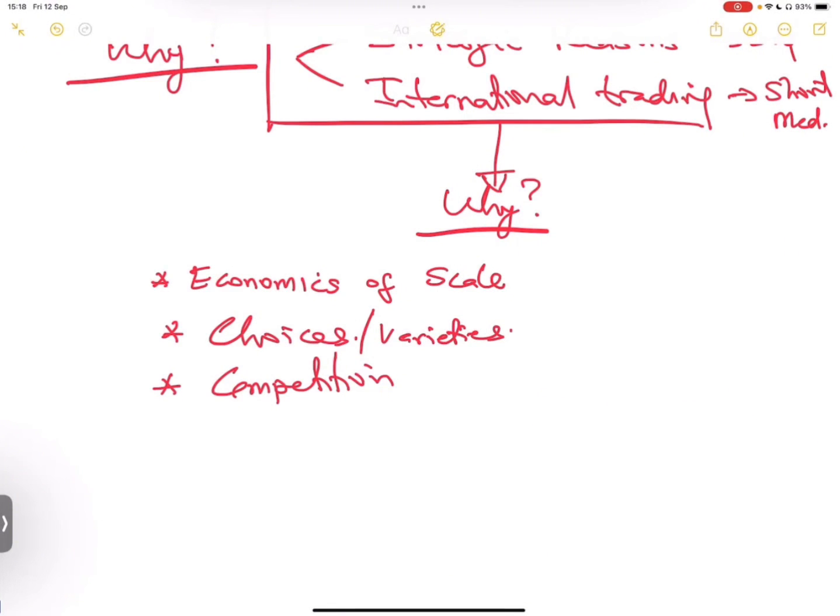Is it because of economies of scale, or because you think they will be able to sell more varieties there, or because that item does not exist in that place and you think if they go sell as a first-time seller they will make money, or is it just because of competition in that country, so that you can drive prices down and get a low cost or low price advantage?